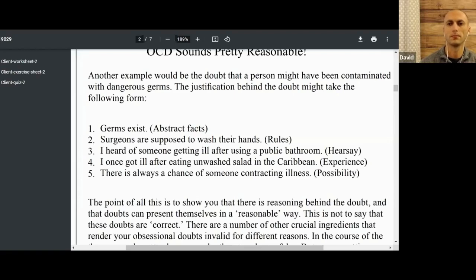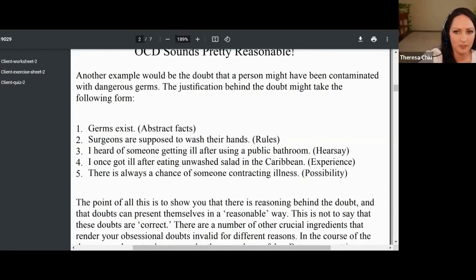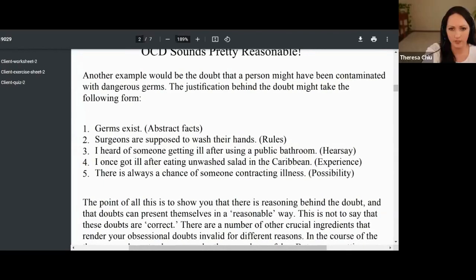Okay. This is someone who has contamination concerns. So someone else's doubt is informed by these reasons. If I was to ask this person and say, "Oh, no, don't worry about it. It's not going to be contaminated. No problem."